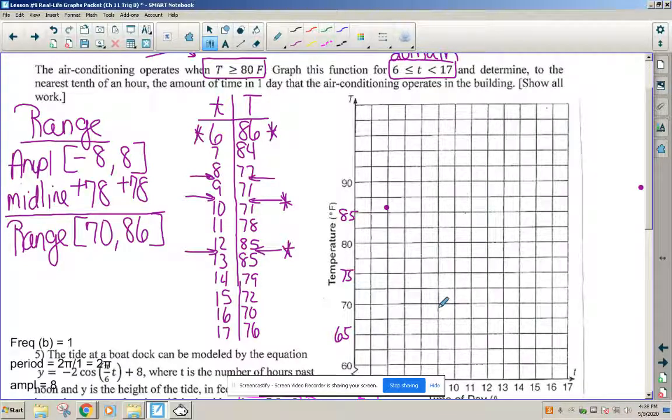Then I am up at 86 between 12 and 13. And then I am down at my low point at 16. And at 17, I'm heading on back up.